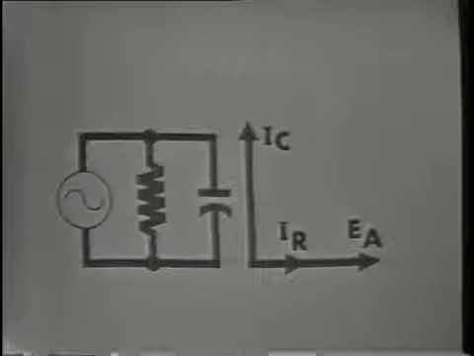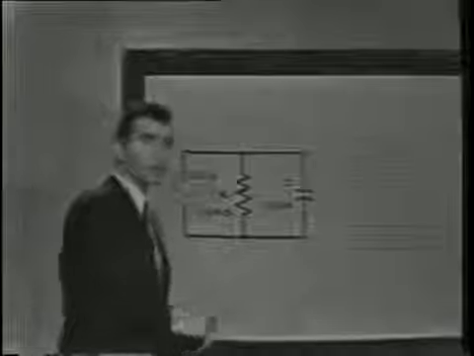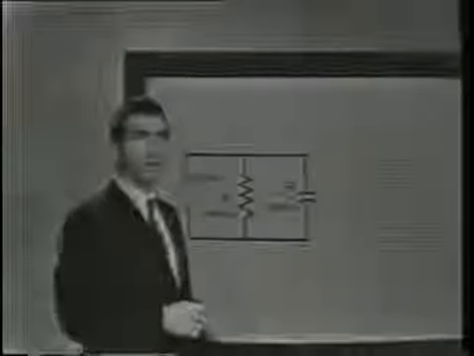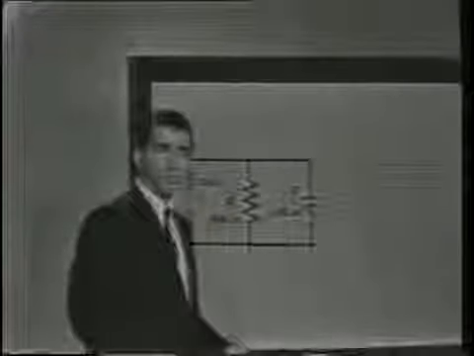Now, since we're concerned with parallel RC circuits in this lesson, let's examine a circuit with given component values. We'll calculate the branch currents and plot this information vectorially on our graph. Now, the current through each branch can be easily determined by simply applying Ohm's law.